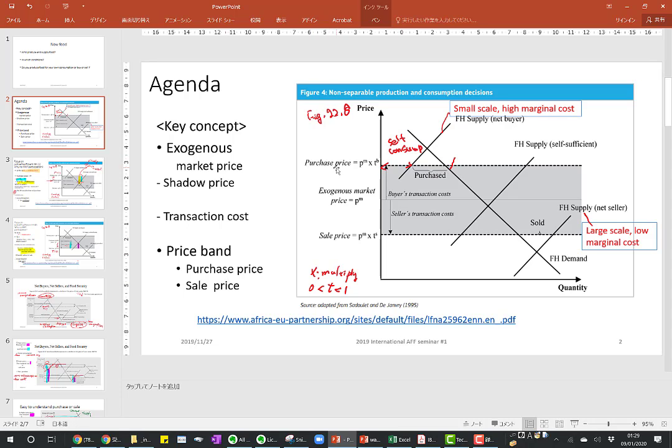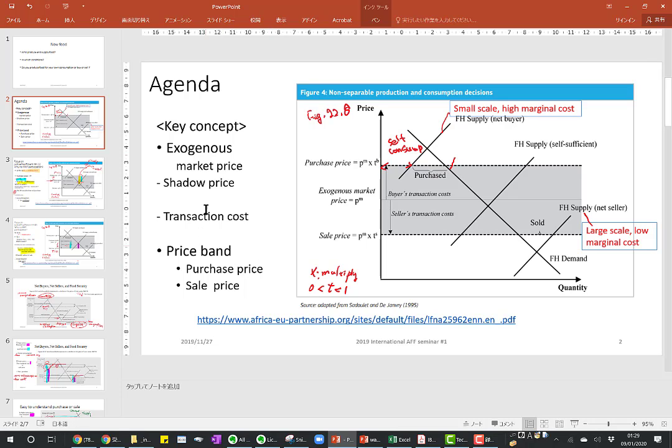So for the upper bound, the upper limit is considered as the purchase price or buying price, whereas the lower bound is considered as the sale price, which means selling price.